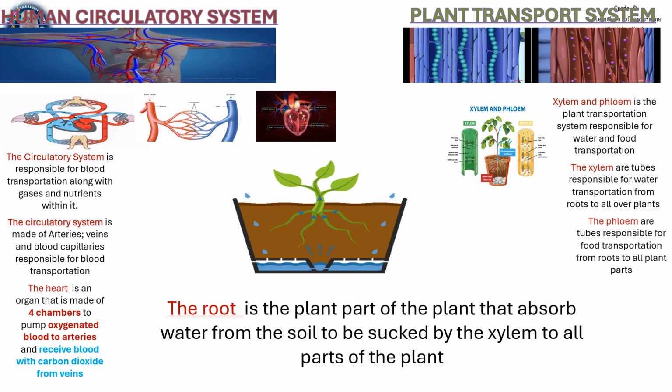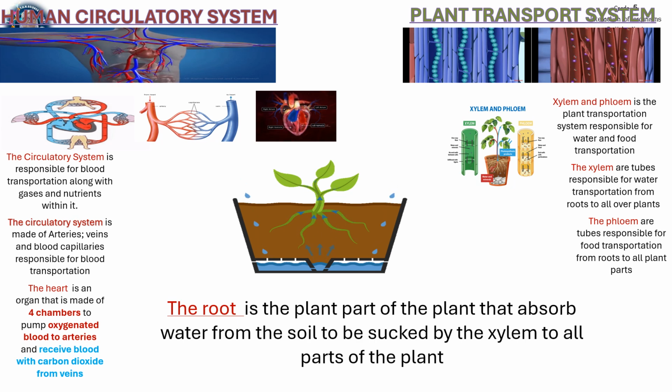So what are the similarities? They both transport what the body needs. Xylem transports water to the plant, phloem transports food to all parts of the plant, while arteries and veins in the circulatory system: arteries transport oxygenated blood from the heart to all parts of the body, and veins receive carbon dioxide blood from all body parts and give it back to the heart.